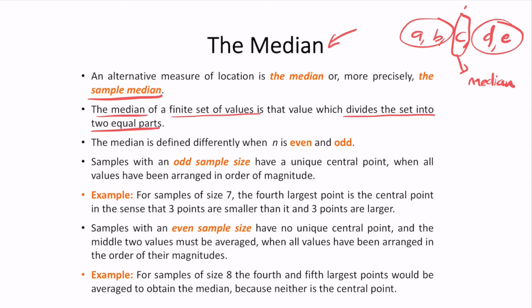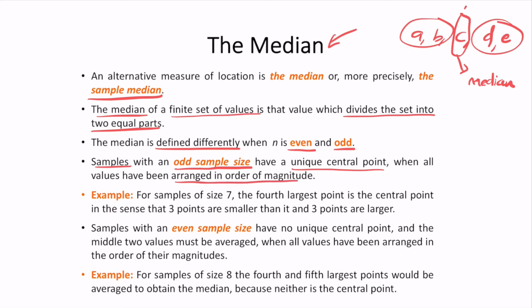Now let's talk about the median in a formal sense. The median is generally defined differently depending on the number of observations in the sample. Depending on whether the sample size is even or odd, we define them differently. If the sample size is odd, there will be a unique central point. How do you find that central point?